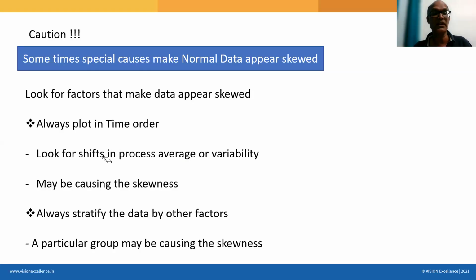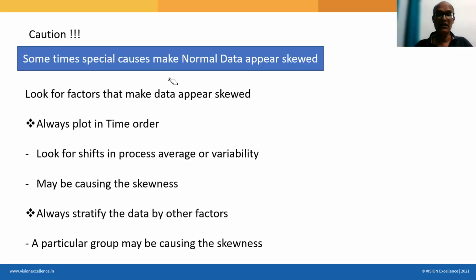You can also stratify the data and see whether any special causes are there. All those things you have to try out. We will do it with one sample and you will have more clarity: look at time order, shifts and stratification, and look for skewness. We can do a real life example and come to know, right?